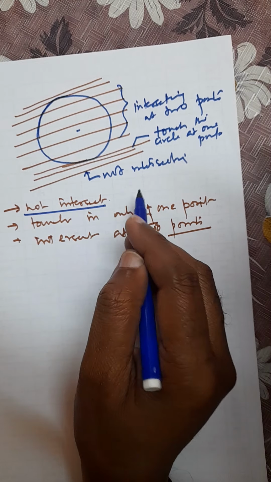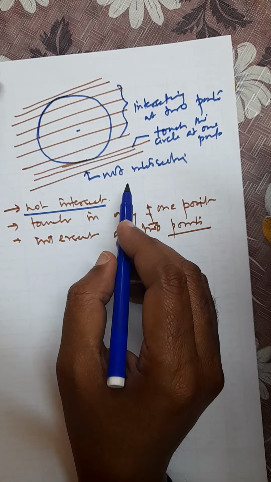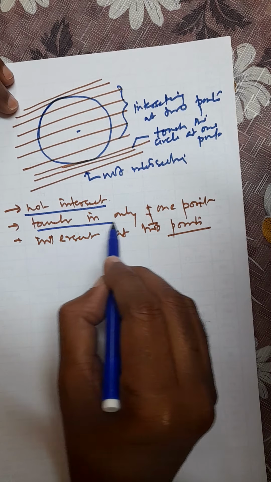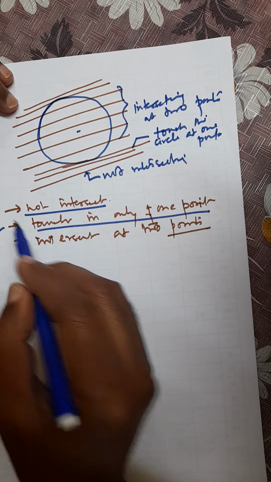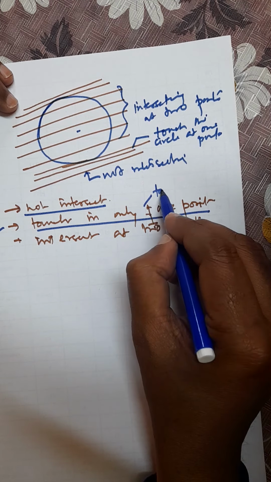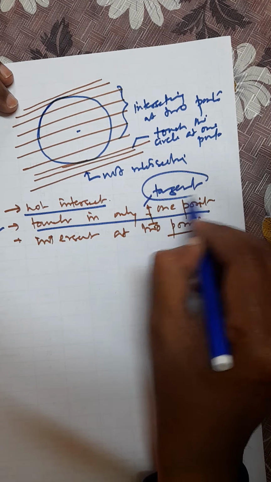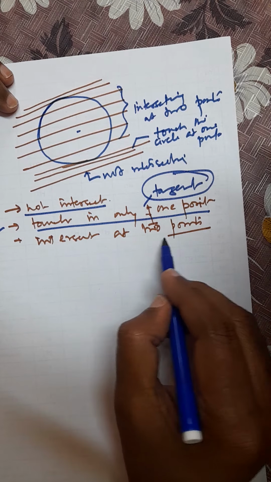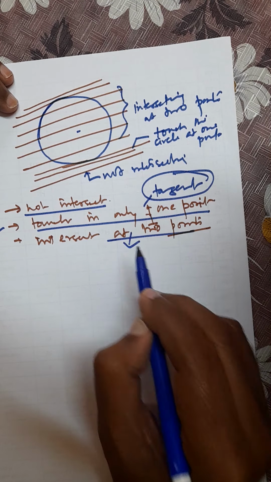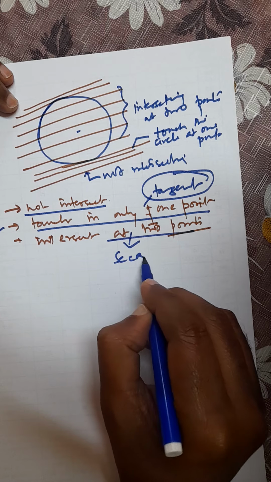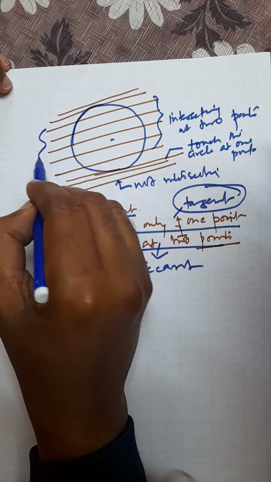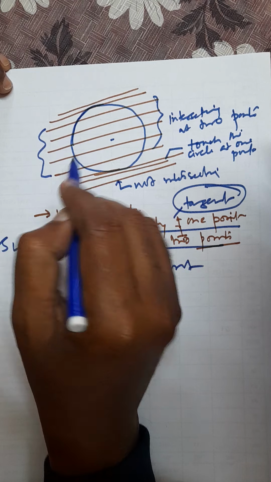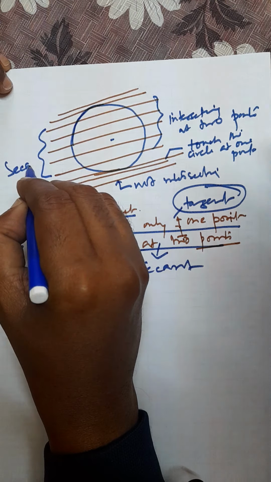Not intersecting, no names, just a line which is not intersecting. But the line that touches at only one point is called a tangent. And a line intersecting at 2 points is called a secant.